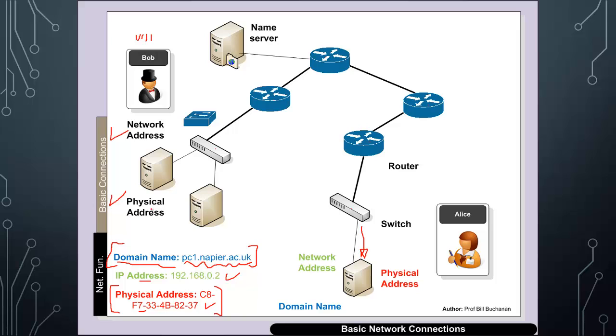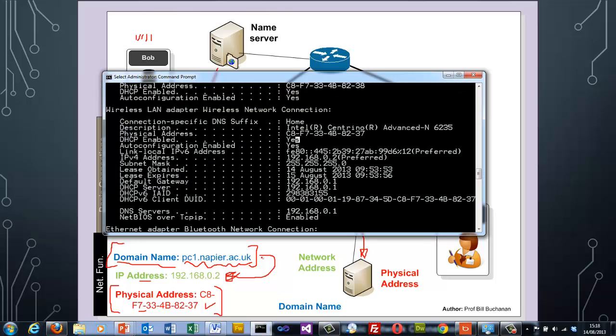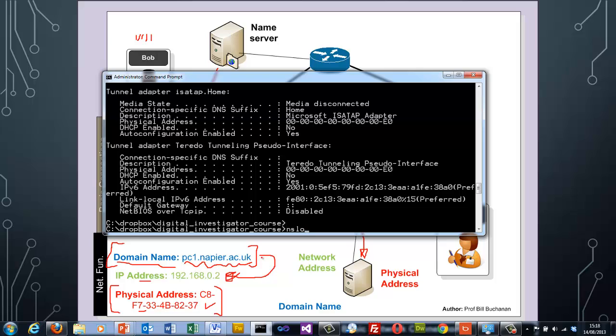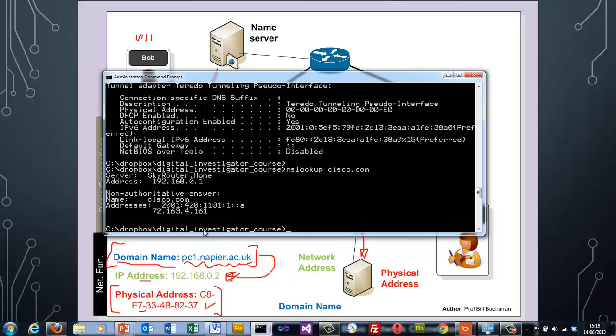So in this case we now need what's called a name server to be able to map the domain name onto an IP address. Again, we'll cover this in a later unit, but we normally use nslookup to determine what the IP address is.